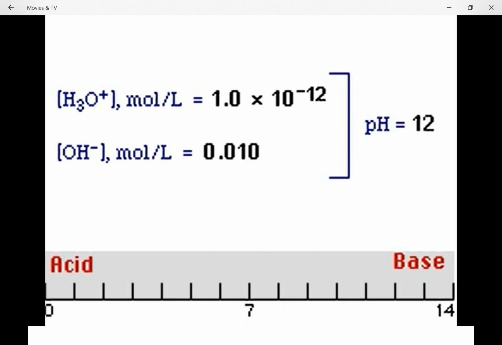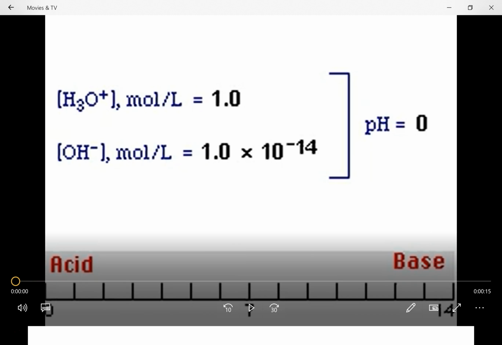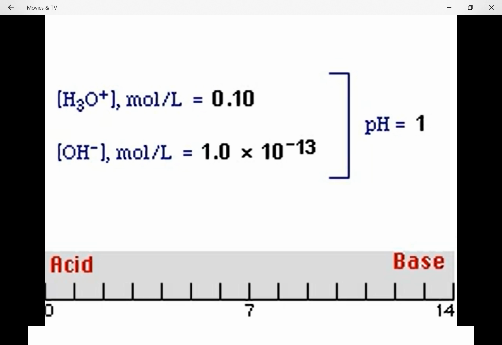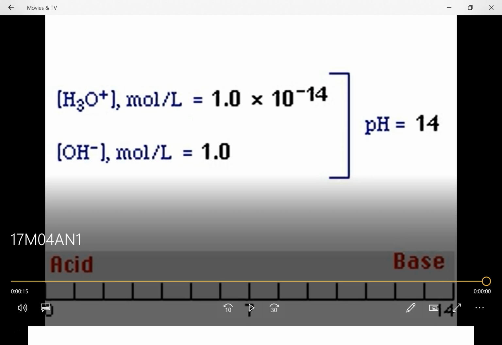The other thing in doing this, do you see where when we crossed into basic territory, past pH of 7, at that point, finally, our hydroxide ion concentration was greater than our hydronium ion. Here, our hydronium ion is greater. One goes up, the other goes down because the product is constant.